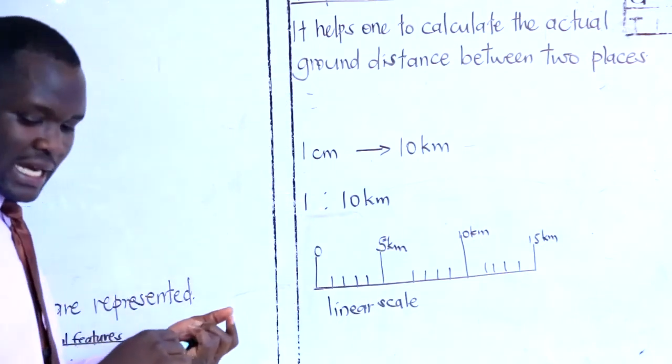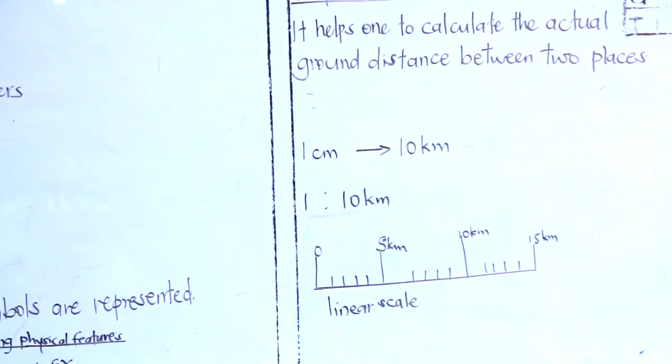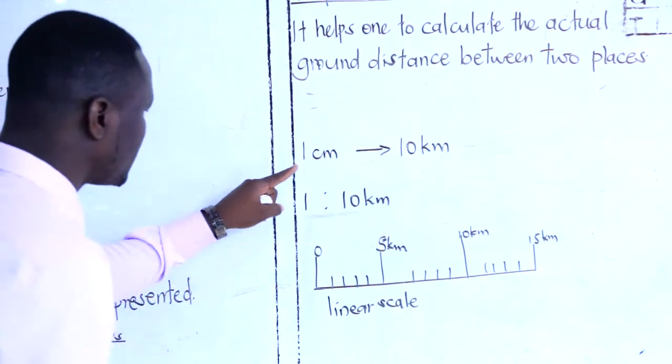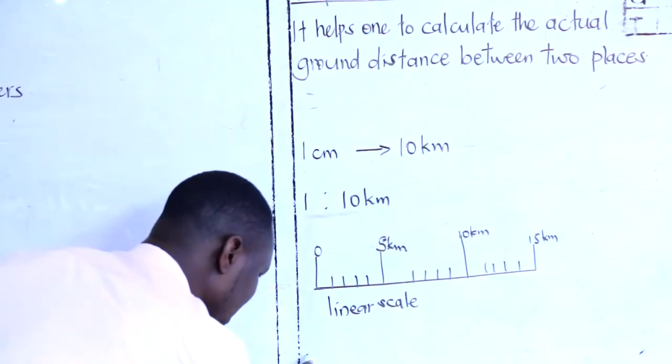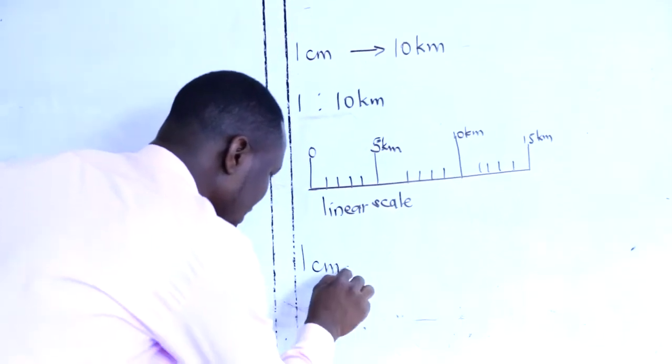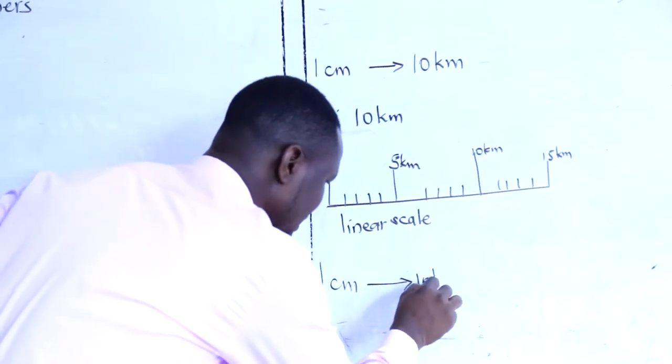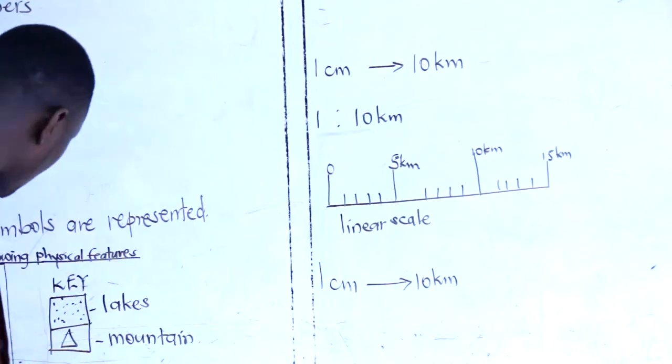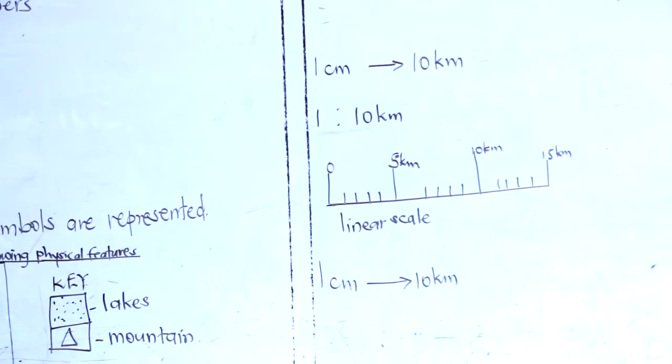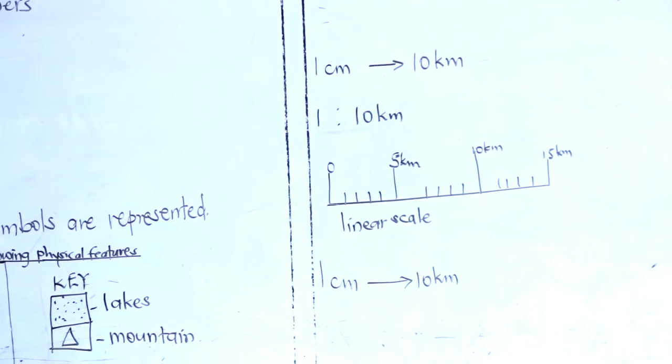So, in our calculations, remember we are understanding how to calculate. We shall say, if the scale given says that 1 centimeter is representing 10 kilometers, now, how about the 5 centimeters that they have given us on the map?